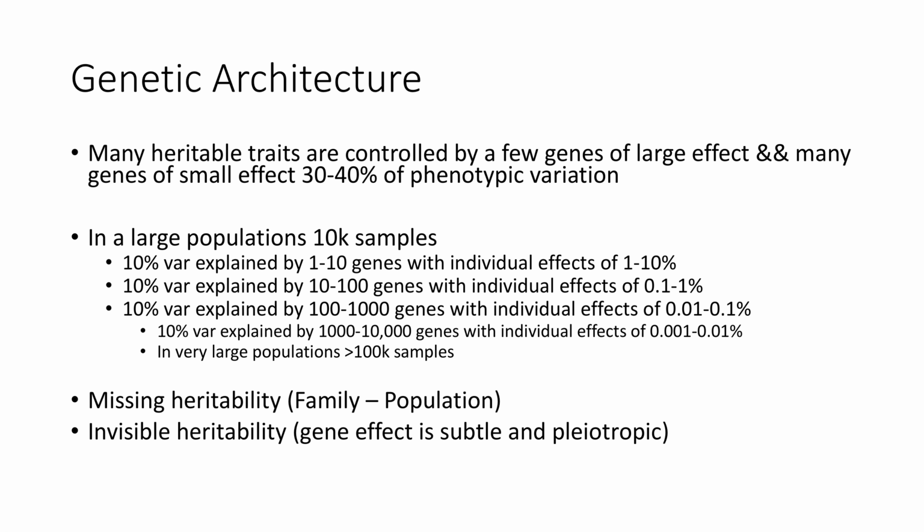And the rest is just noise. That's nurture, that's environment. And even traits down at 10% would be considered heritable, sort of low heritability, but still able to be dissected with these approaches, especially in large studies.